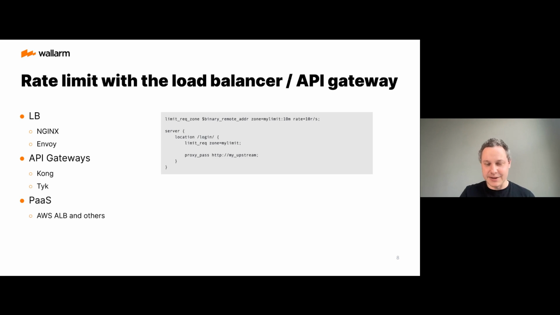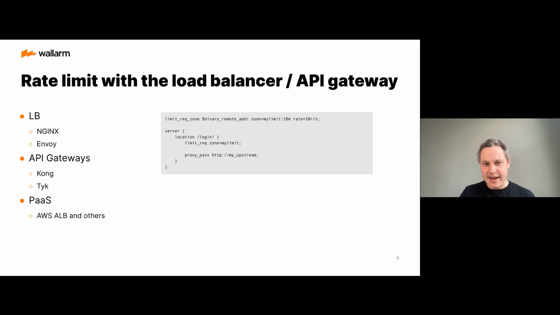They have a load balancer or an API gateway, and in many cases they have something configured. But in reality, when we talk with customers and with a lot of people who are concerned about APIs, it turns out they don't leverage the tools they already have in place. Even with a load balancer like Nginx or Envoy, you can create rate limiting with a very easy configuration.